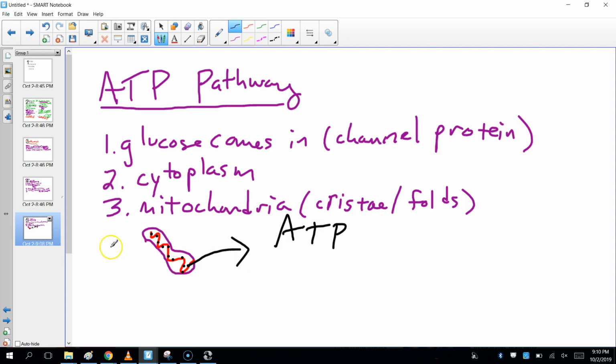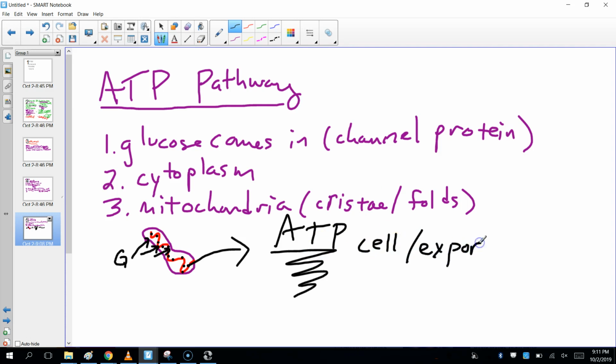So glucose comes in. Okay, all these black dots are glucose, so there's many glucose coming in. And then it will just speed up and actually produce tons of ATP for the cell and to be exported out of the cell to wherever it's needed in the body.